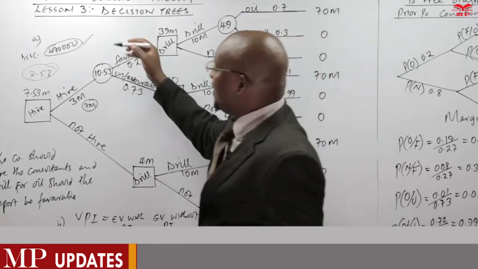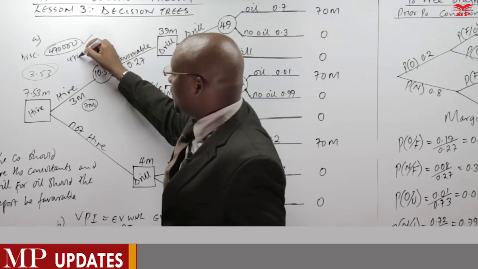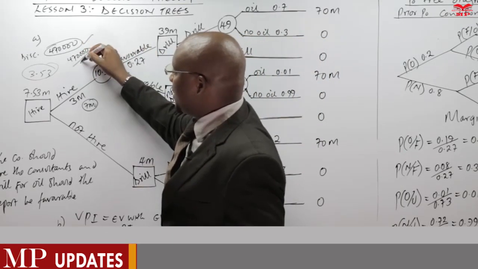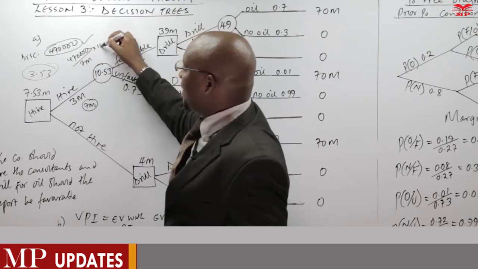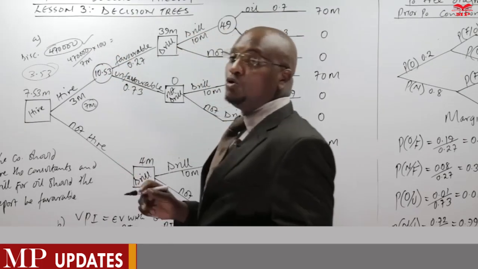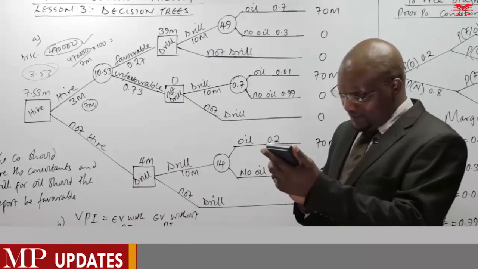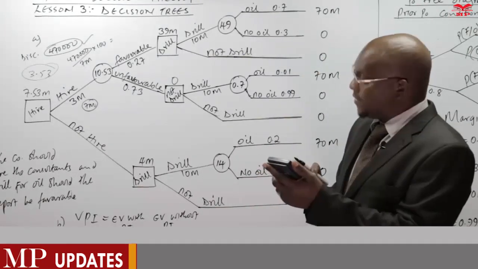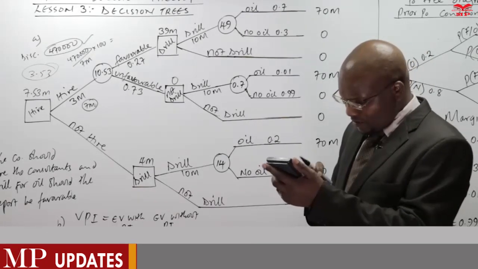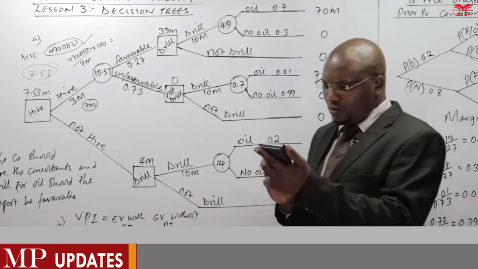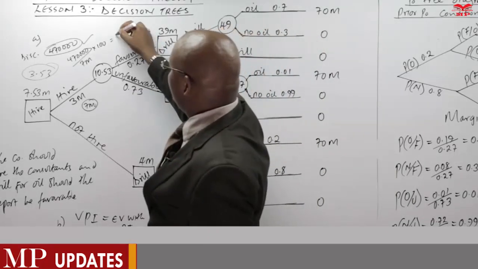So it is 470,000 divided by 7 million multiplied by 100. This would actually be 6.7%.